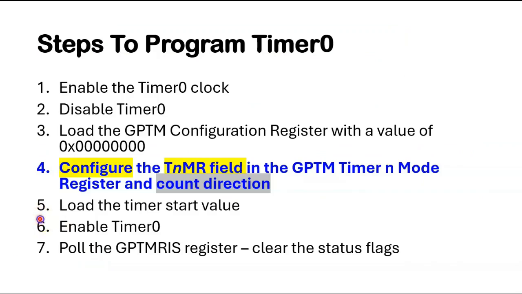Step 4. So in step 4, we need to do two things. First is to configure the TNMR field in the GPTM timer mode register. So we need to configure this field. And then the second thing we need to do is to set the count direction.